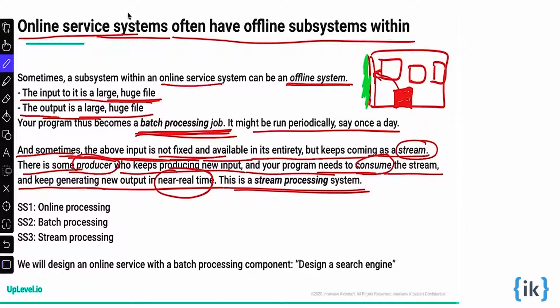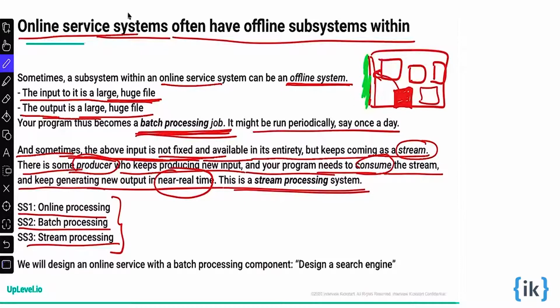They work within an overall online service to provide output which is updated a lot more frequently than batch processing systems. So when we study how to design large scale systems, we divide our study into 3 units. The overall system is typically an online processing system.